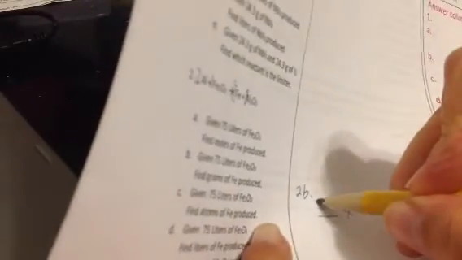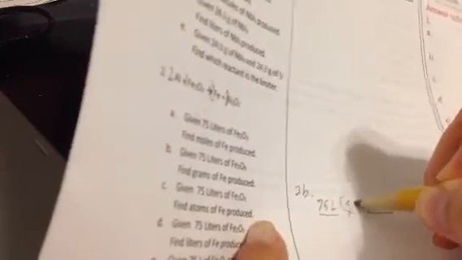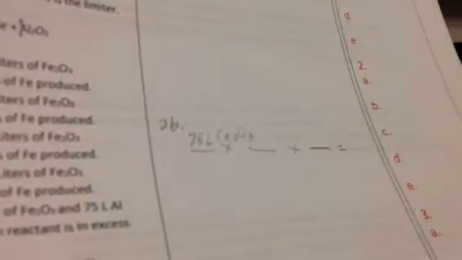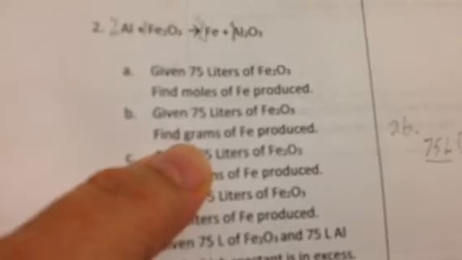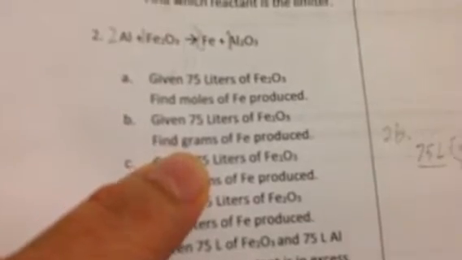So on the line, I'm going to write 75 liters of Fe2O3. So that's one thing we're definitely going to fill into the problem. The other thing we're going to fill in immediately is, well, what are we looking for? That's what we're trying to find. So we're trying to find grams of Fe.